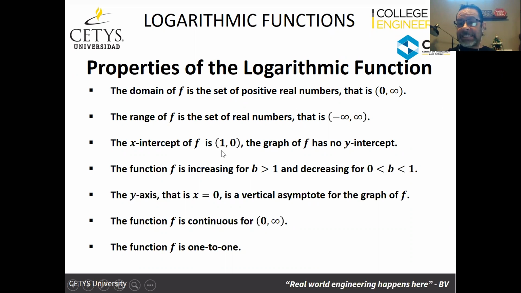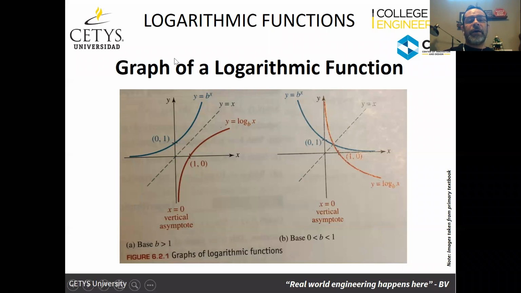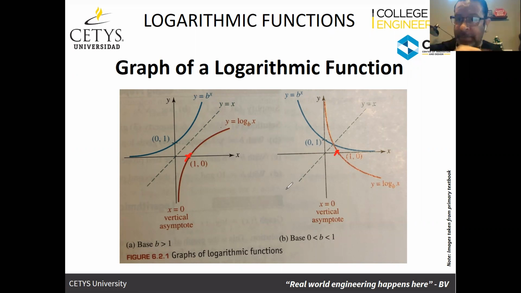We're going to have an x-intercept at (1, 0), but we are going to have no y-intercepts. In the exponential, we had a y-intercept at (0, 1), and we didn't have x-intercepts. For the logarithm, it's the other way around. We have an x-intercept at (1, 0), and we have no y-intercepts.